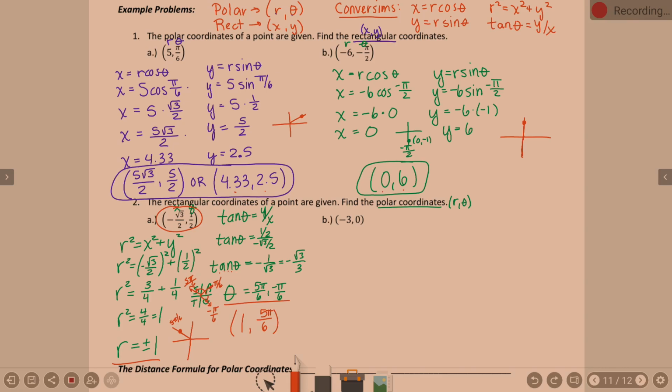Because then, where is negative pi over 6? It would be backwards. When we get to negative pi over 6, do I need a point down here on negative pi over 6? No, where's it going to go? We need it to go backwards through the pole, so we're going to use negative 1 with the negative pi over 6.